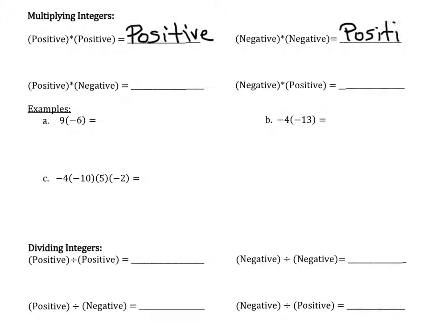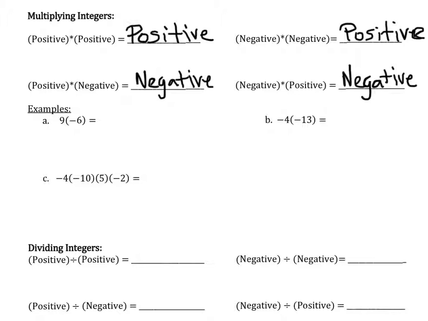So if my signs are the same and I multiply, my product is going to be positive. With a positive times a negative, my solution is going to be a negative. And a negative times a positive, my solution is also going to be a negative. So if my signs are different, then when I multiply, my product should be negative.